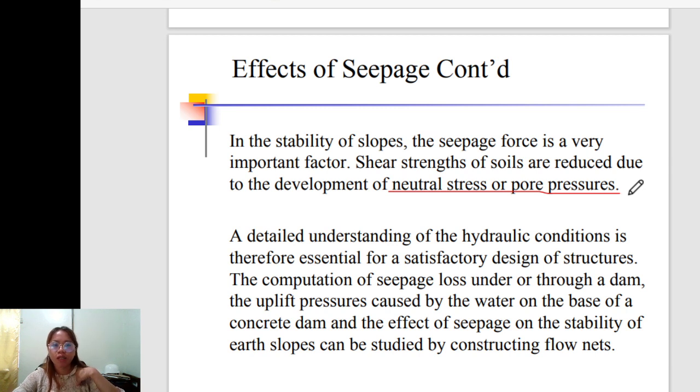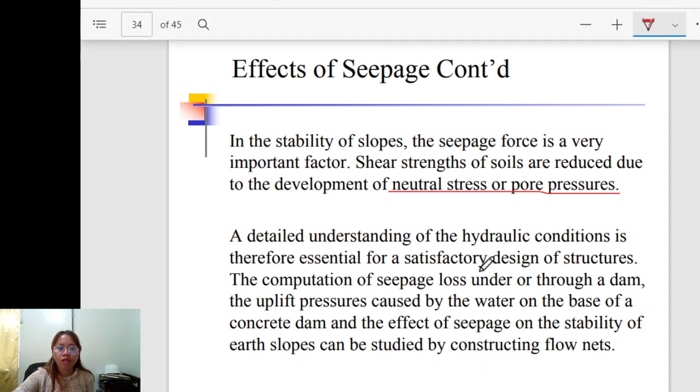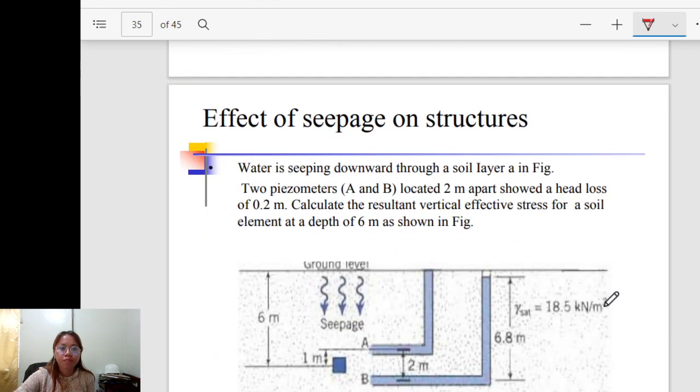The computation of seepage loss under or through a dam, the uplift pressures caused by the water on the base of a concrete dam, and the effect of seepage on the stability of earth slopes can be studied by constructing flow nets, which we already discussed in the previous topics.